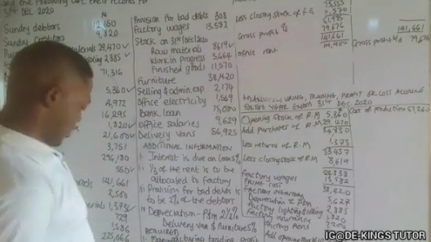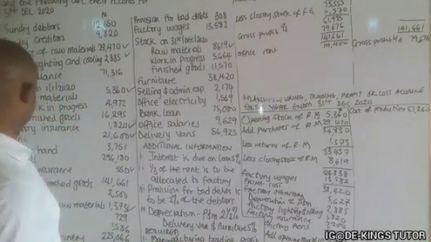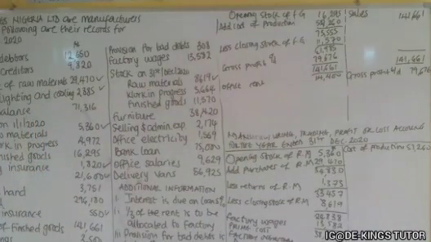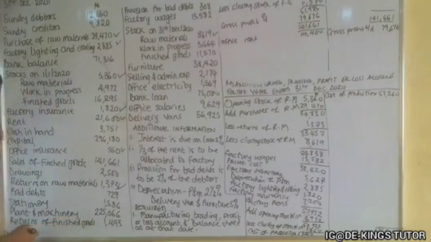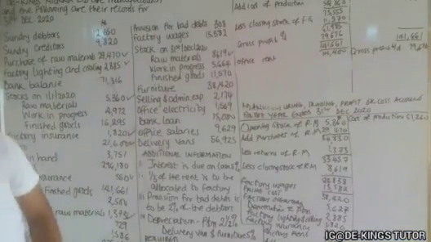Okay. Now, if you check here, we're supposed to less return inwards. So we did not less return inwards of finished goods. Look at it here. Return of finished goods 1,493. Okay.